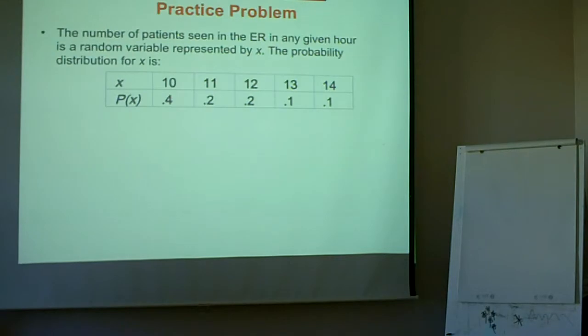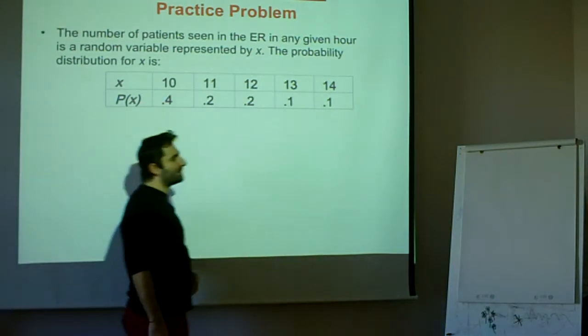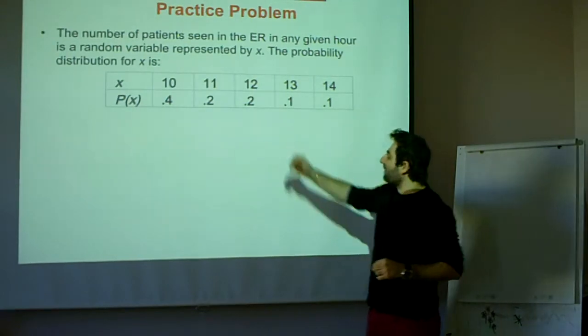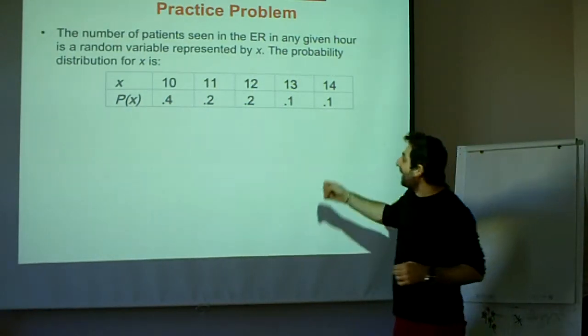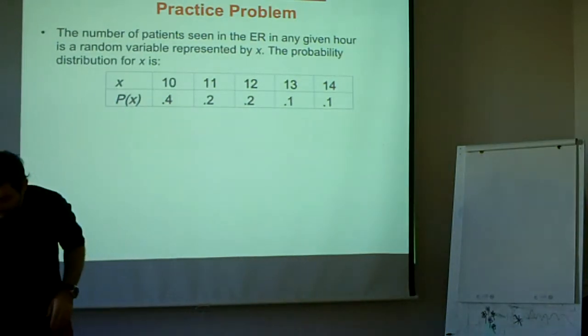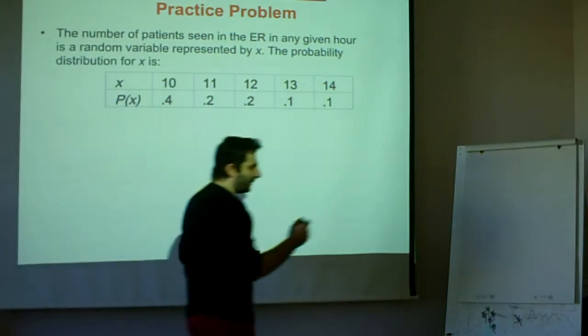Now, let's do a few tests. We have an experiment, and within this experiment, for the random variable values 10, 11, 12, 13, and 14, we have got these probability values. This is a discrete random variable.